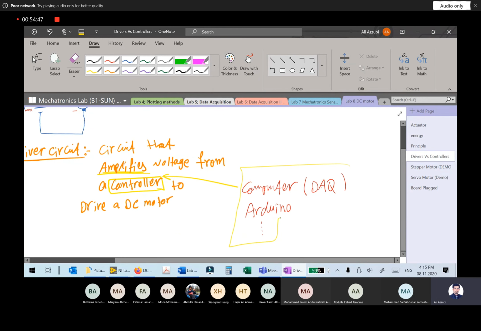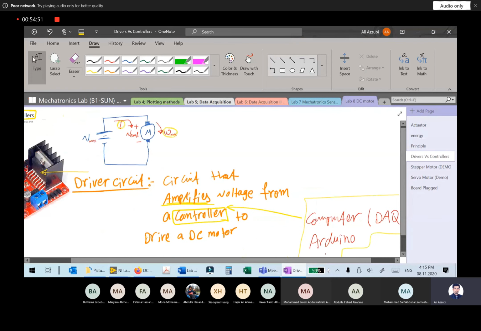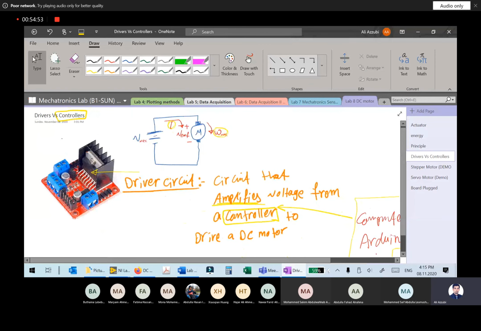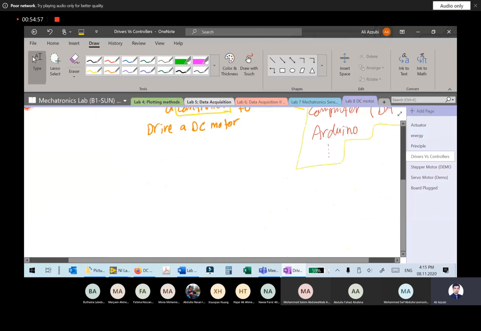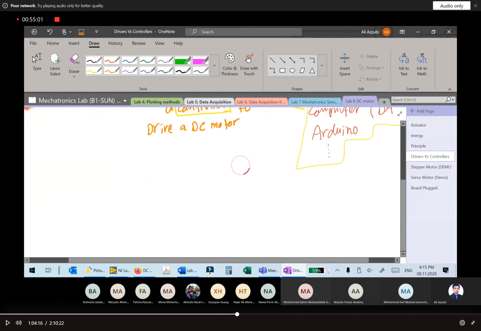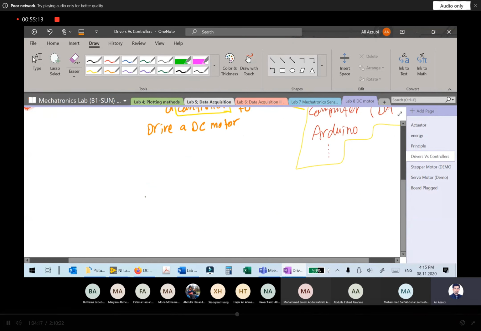A controller that can withstand the current and the voltage. Now this is called an H-bridge, because of the principle that it operates on.